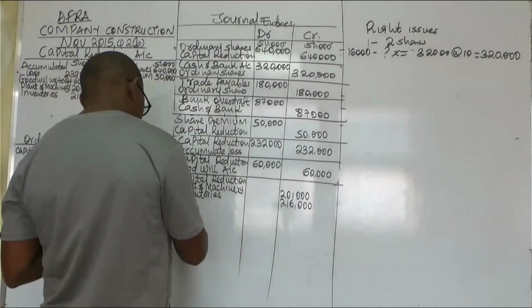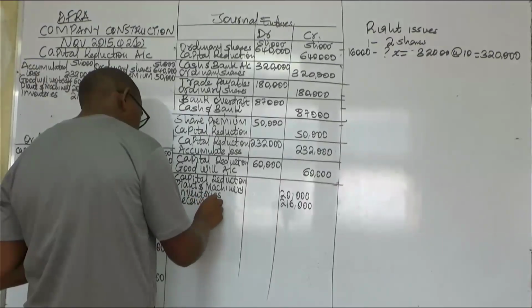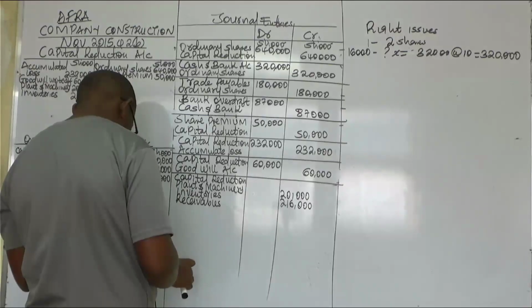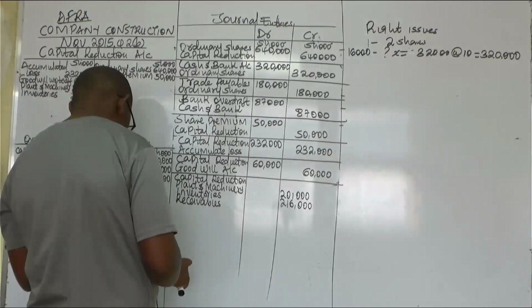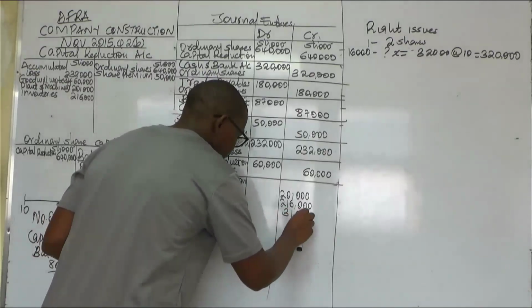The other one is the receivables. Zimekuwa written down by how much? 31,000.